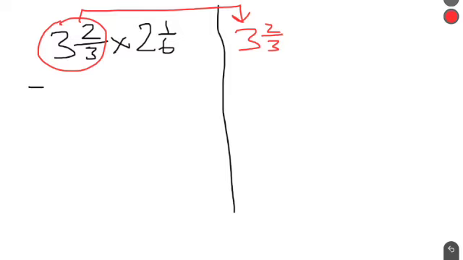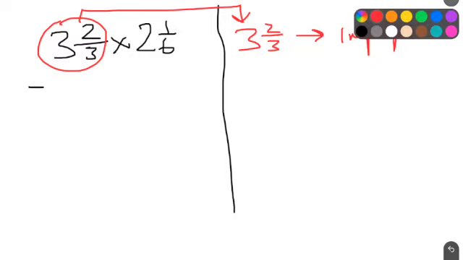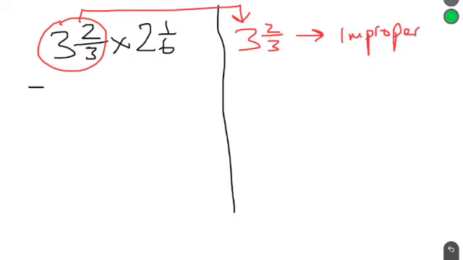So to convert it to an improper fraction, and keep in mind an improper fraction is any time the numerator is bigger than the denominator. Okay, so the number on the top is bigger than the number on the bottom. To convert this to an improper fraction, you multiply the denominator by the whole number.